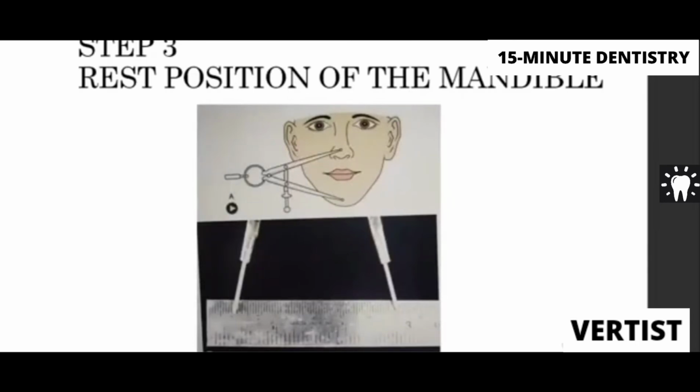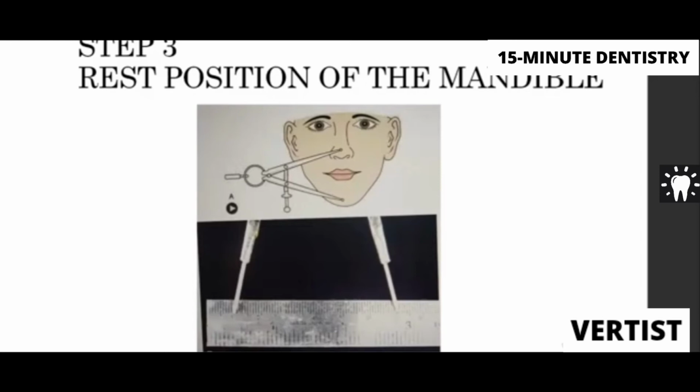The next step is you're going to take help of the rest position of the mandible in deciding the vertical dimension, and this method is given by Niswonger, as you all know. What you do in this is you put the maxillary record base with the rim. Don't put the mandibular record base with the rim in the patient's mouth at this point, and you ask the patient to say certain words ending with M, for example, Ram.